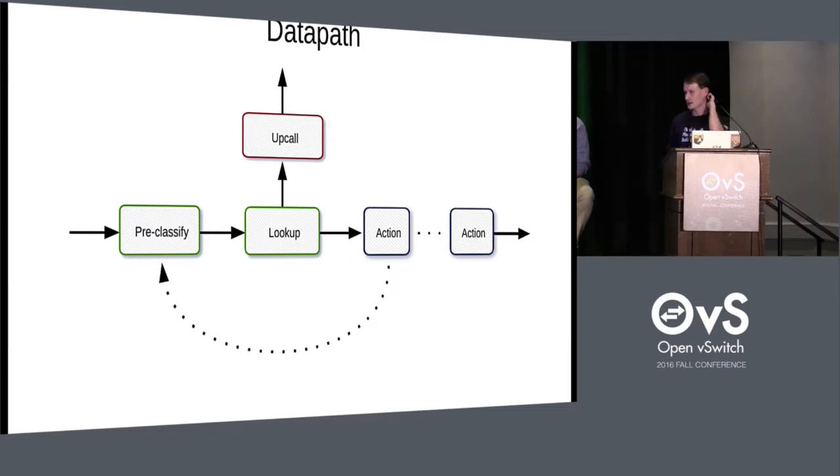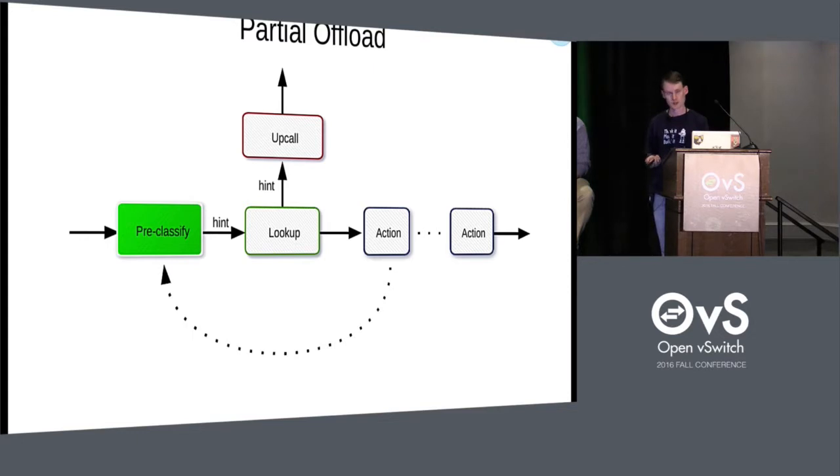So when we start to look at hardware offloads, there are a variety of different ways that you could offload bits or all of this data path operation. The first one I'm going to look at is partial offload, which is where we take this pre-classification step where you extract the headers and maybe you do some sort of hashing. This kind of links back to what Ben's talk was about.